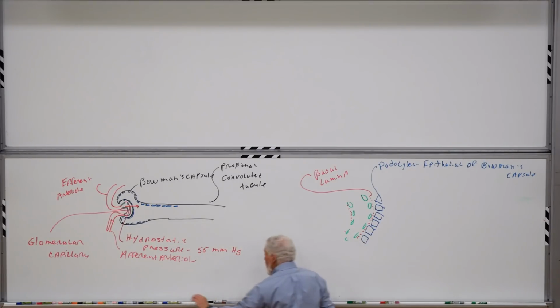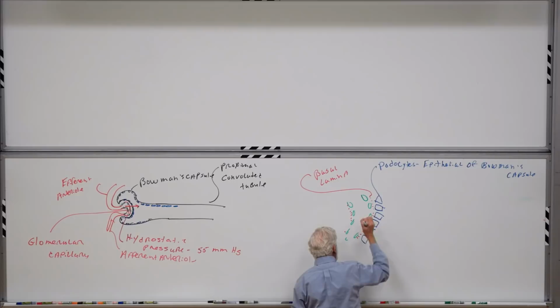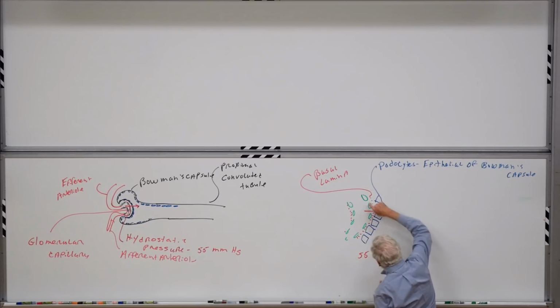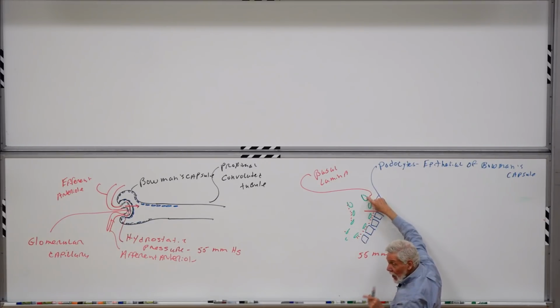even though we have a mechanical pressure here, outward, put that in red, even though we have this mechanical outward pressure of 55 millimeters of mercury, the gaps between the adjacent endothelial cells are tiny. The gaps are small.